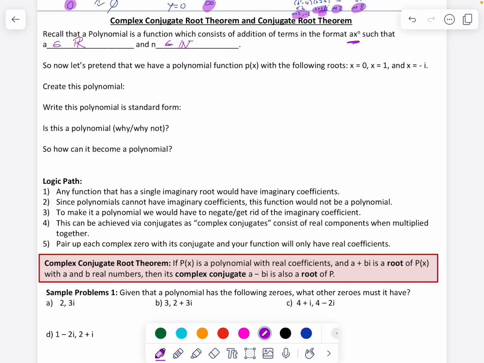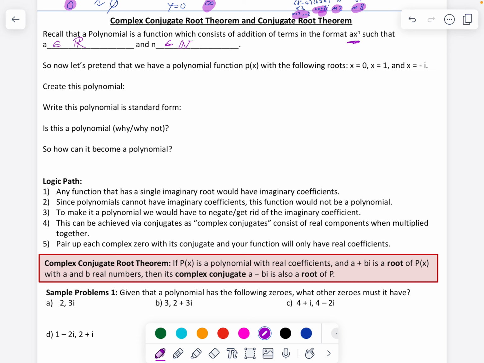So when I say natural numbers, it means there's always going to be one term that doesn't have an x value attached to it, like a constant, and then at least one term that has an x, and that'd be a polynomial.